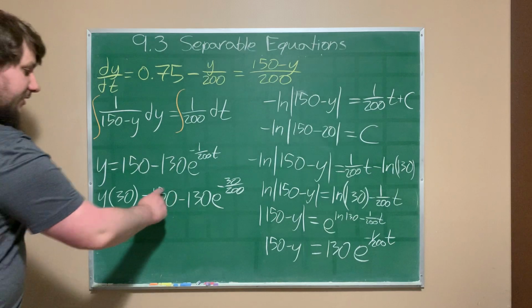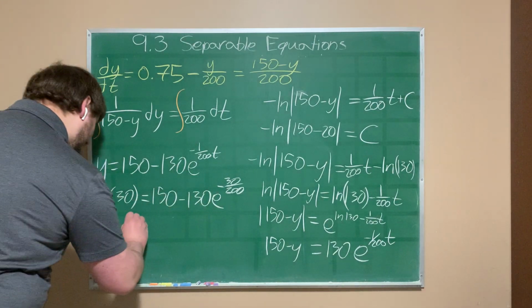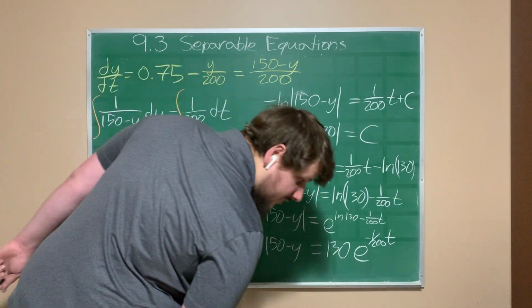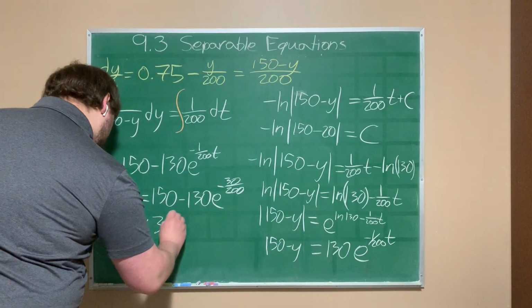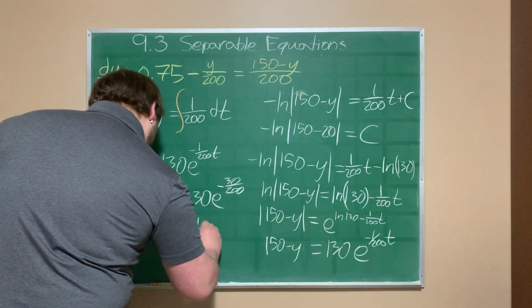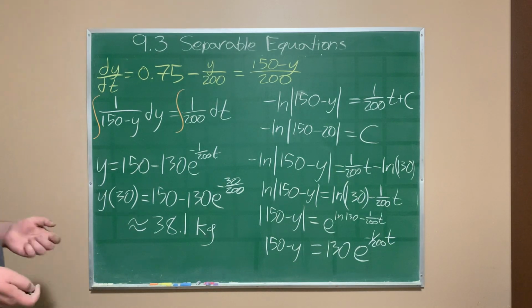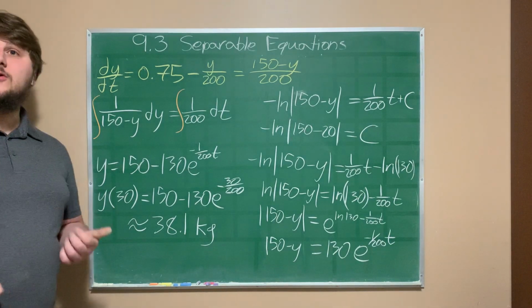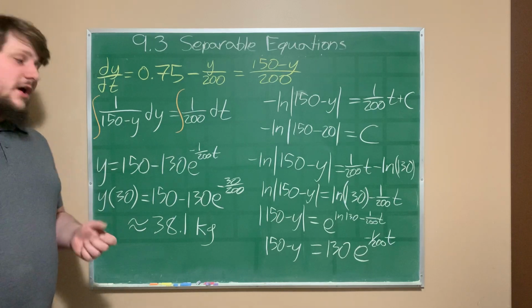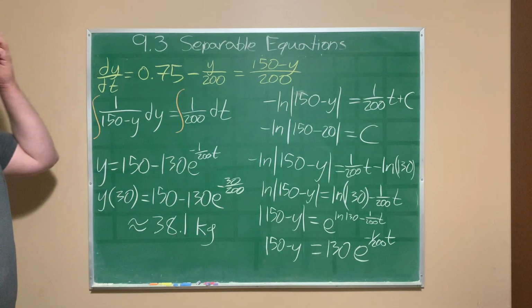And so if you plug this right-hand side into your calculator, you're going to find that it's approximately equal to 38.1 kilograms. So after 30 minutes, the amount of salt in the tank has increased from a starting value of 20 kilograms to a value of 38.1 kilograms.